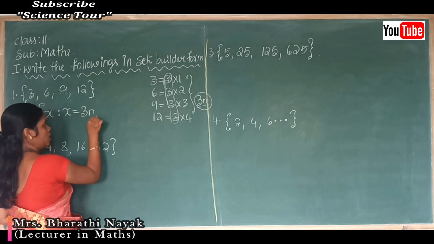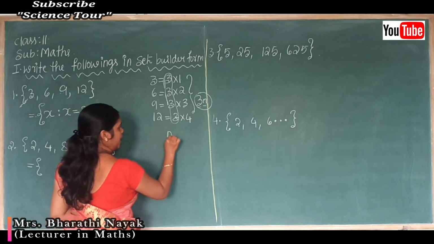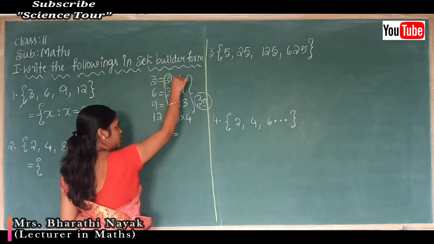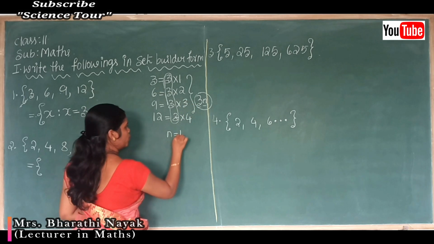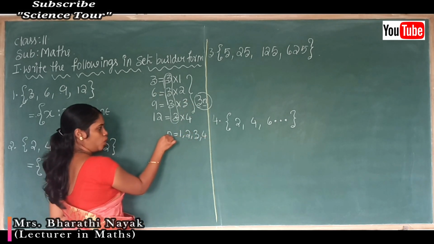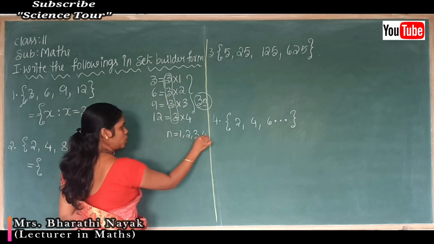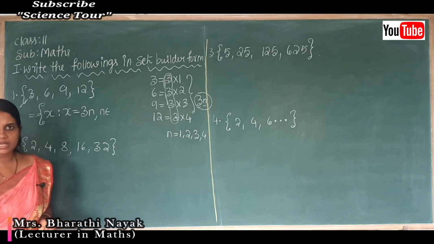Comma, here n belongs to, which are the values of n here? n is nothing but which numbers? 1, 2, 3, 4. The value of n is varying from 1 to 4. Can you observe that all these numbers are natural numbers? Yes.